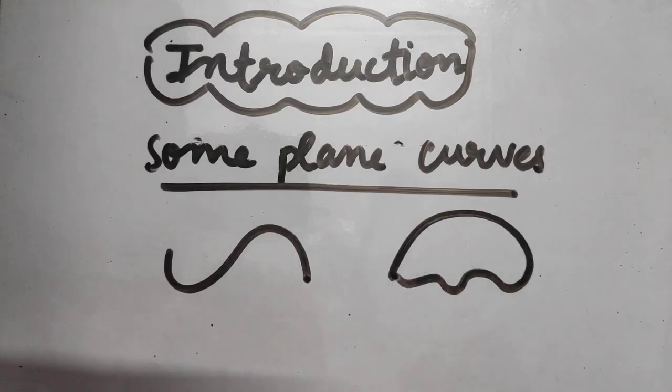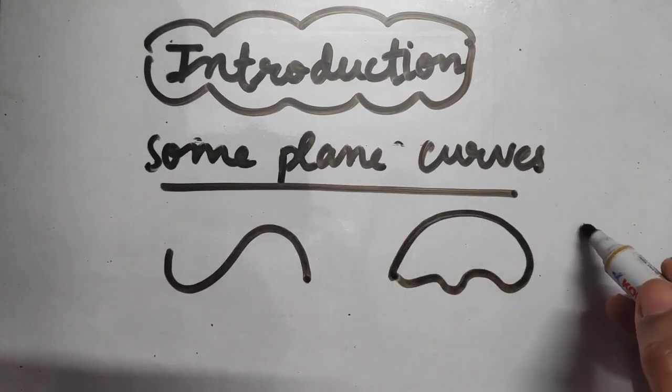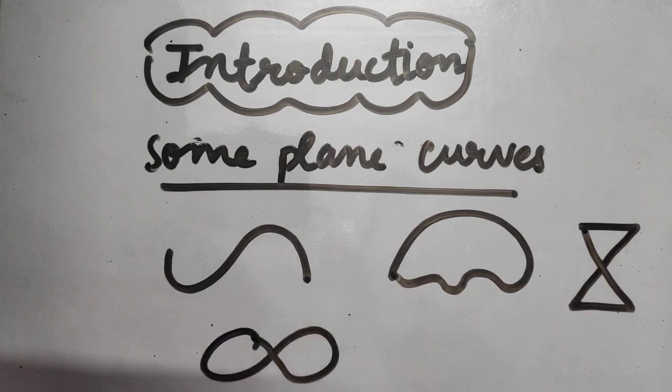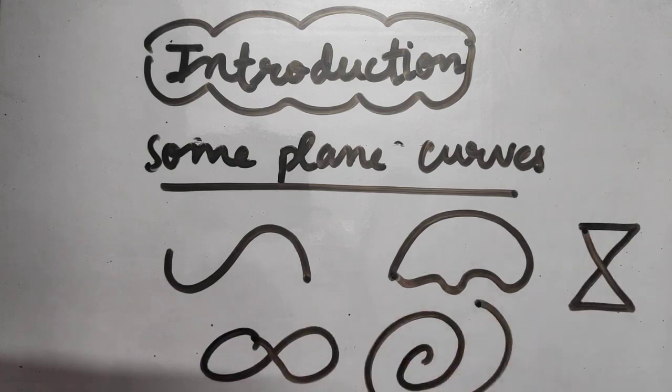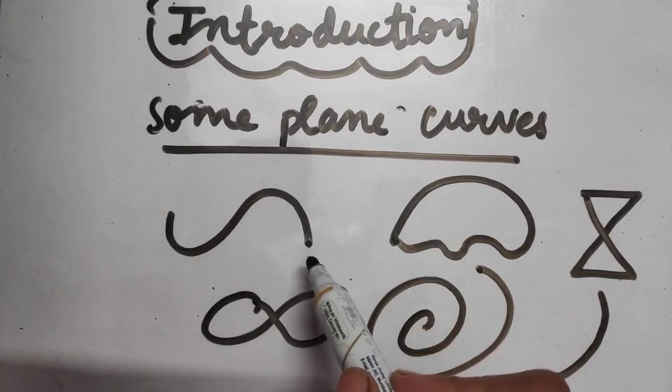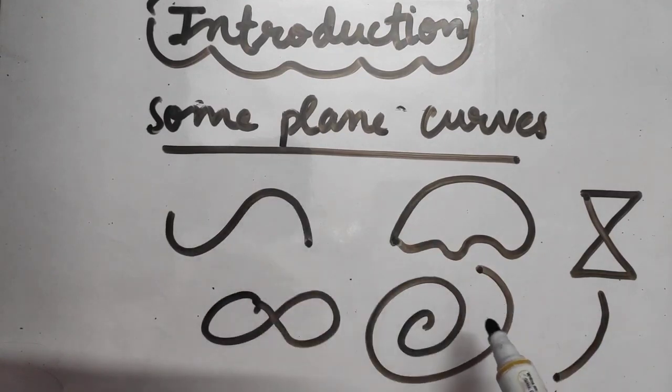This is again a plane curve. The next shape can be like this. Another shape can be like this. You can see all these are plane curves. I have not lifted the tip of my marker. So these are all plane curves.